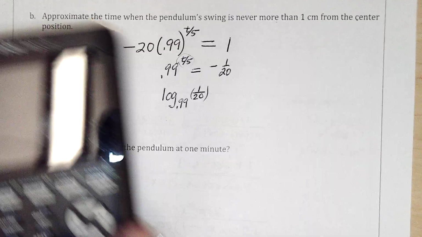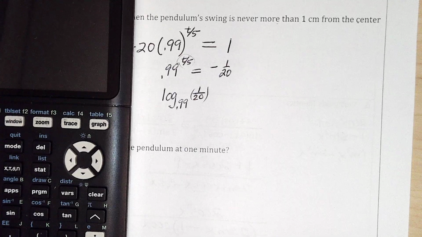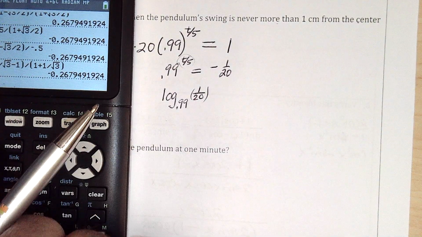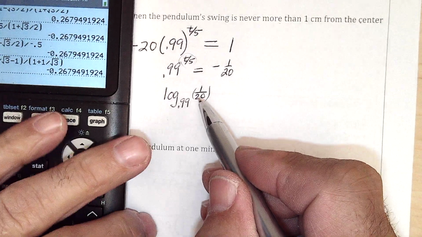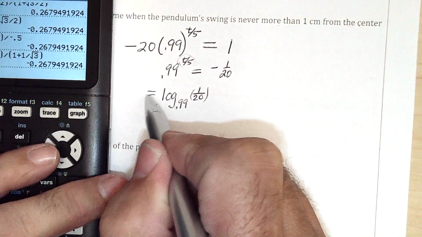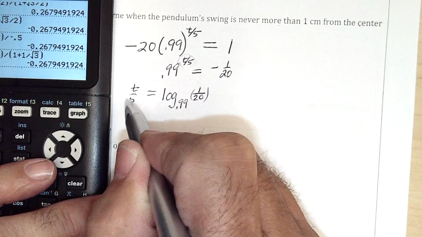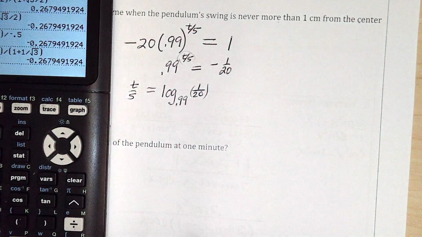And that can be done on a calculator. You can do the change of base rule. Oh, and that's equal to t over 5. So I'm going to have to take this answer times 5.